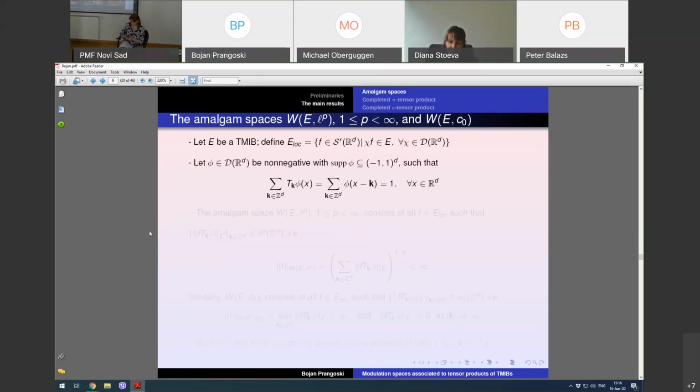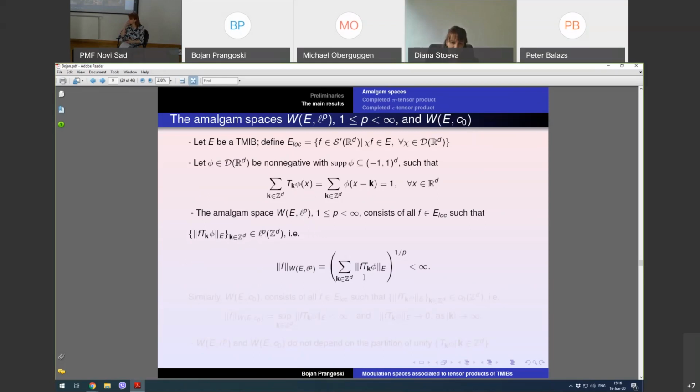And take the very specific kind of partition of unity. Then one defines the amalgam space with local component E and global component L^p, where L^p stands for the ordinary sequence space, to be the space of all elements of E_loc such that when you multiply them by the partition of unity and take the E norm of that, you end up with an element in the sequence space L^p.